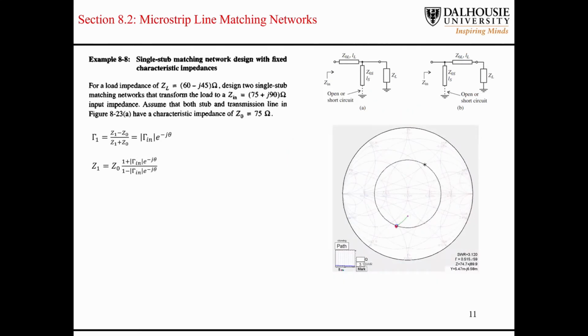Let's assume that we're trying to make it to this point here, and like I said, we're going to try to figure out what the impedance and reflection coefficient would result if we were to transform our load impedance to Z1 that sits on the constant VSWR circle. Let me just emphasize the fact that this is going to be a little bit time consuming. I don't expect any of you to ever go through this process.